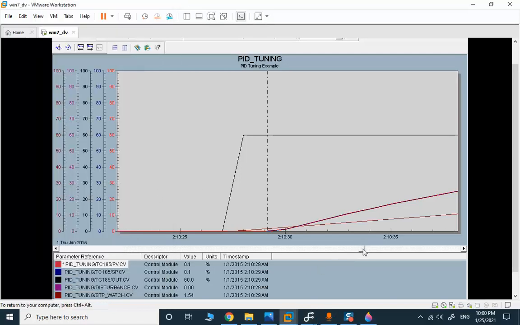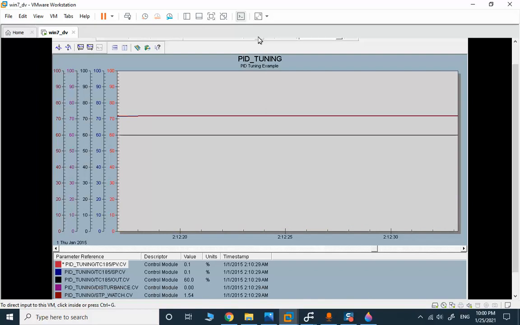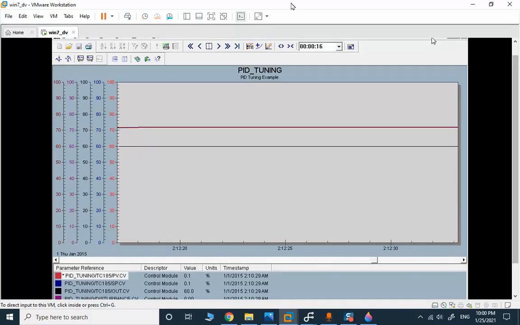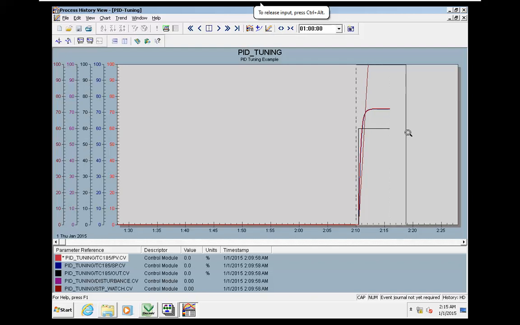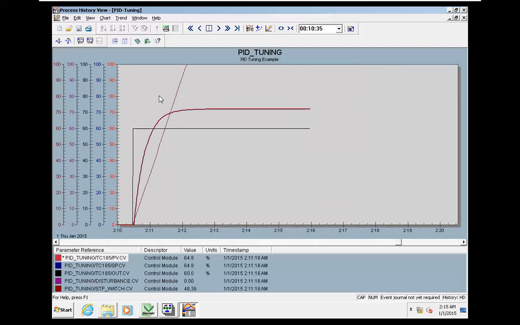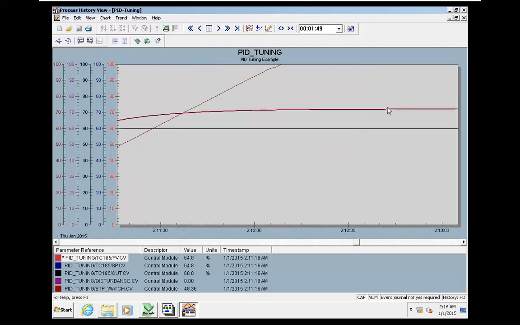We have the T infinity. T infinity, as I mentioned, happened here, 134.